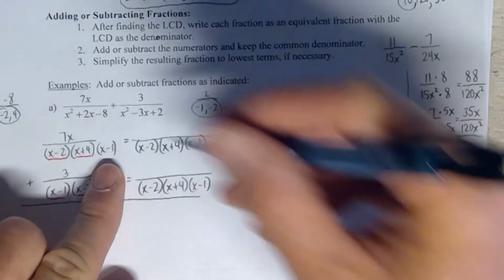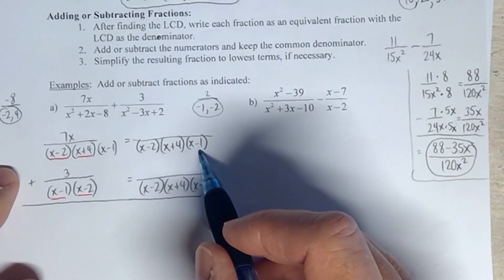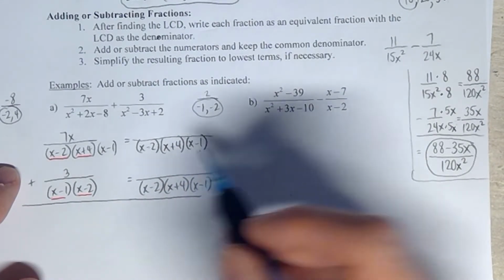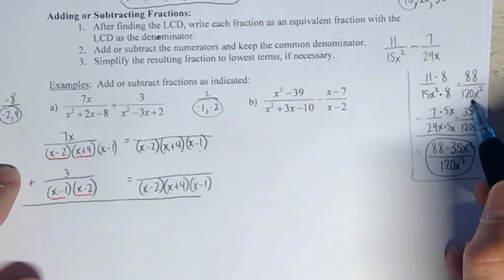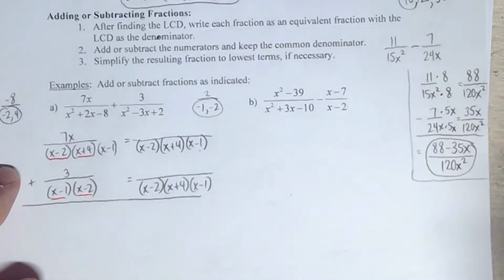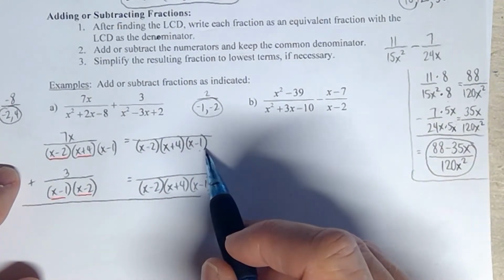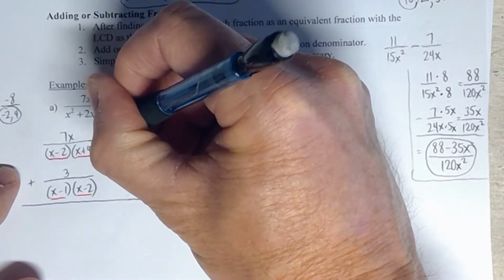So if we multiply by x minus 1, it will give us the LCD. Just like over here, you have to multiply by the appropriate thing so that it's equal to the new denominator. Same thing here. You multiply by x minus 1 and it'll then be equal to this. So if you multiply the bottom by something, you have to multiply the top by something.